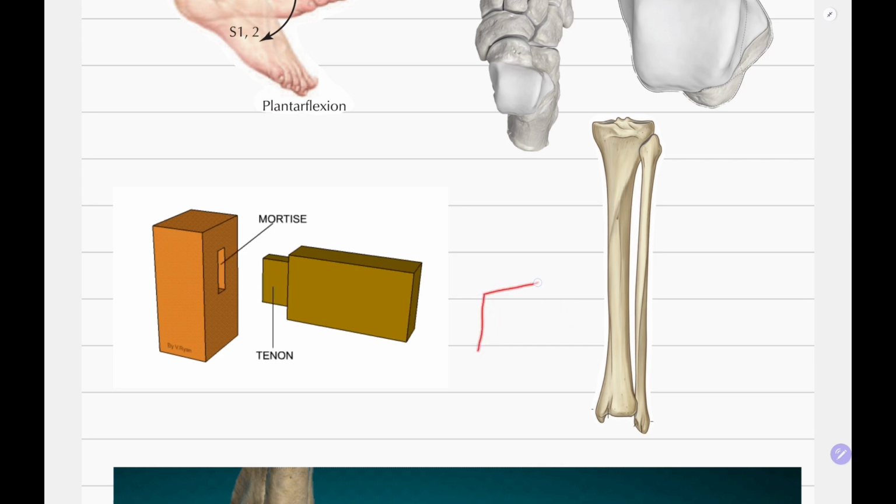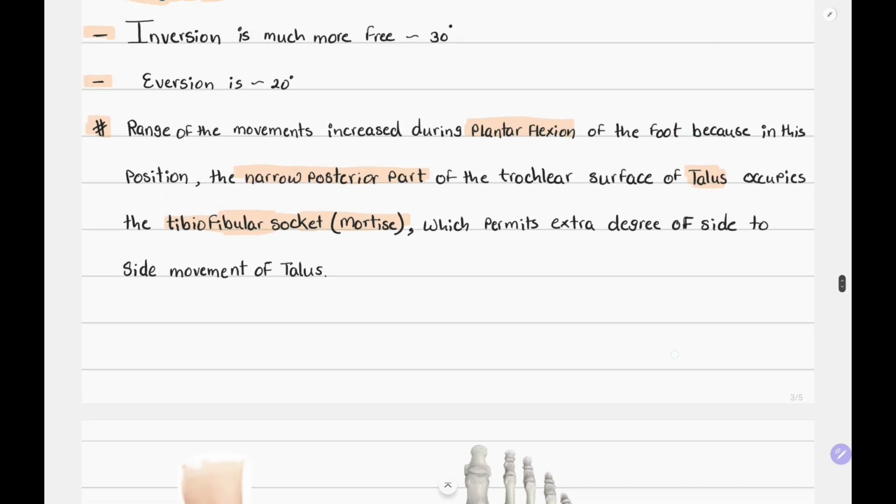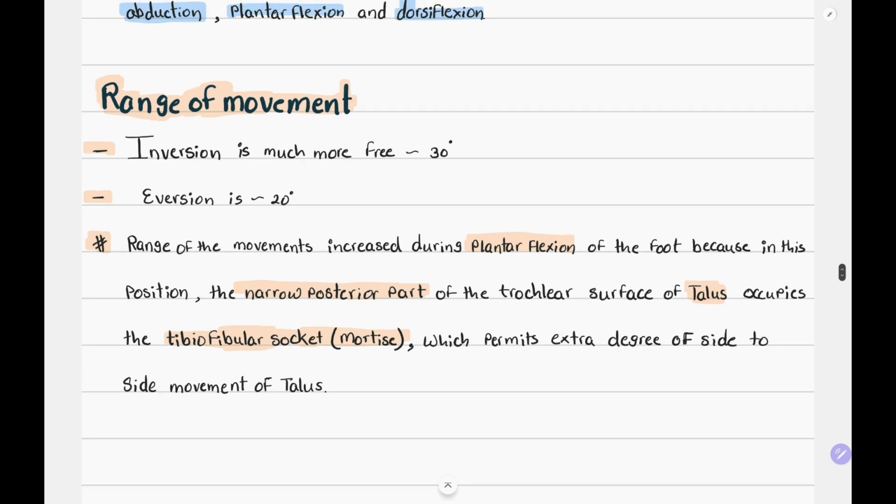Now if the mortise remains the same and instead of the broad trochlear surface we bring in the narrow posterior surface of the talus bone, here it gets an extra range of movement. I hope now you are able to appreciate and understand this point. The range of movement is increased during plantar flexion.